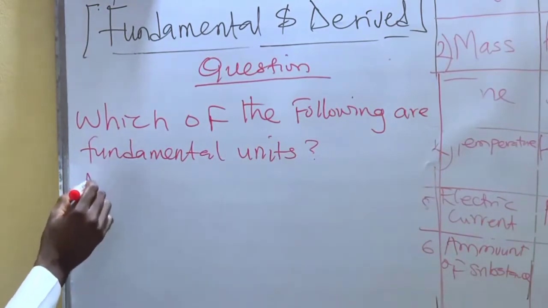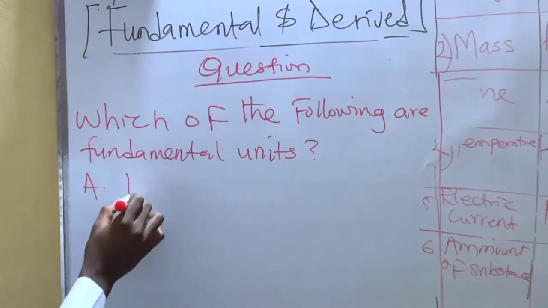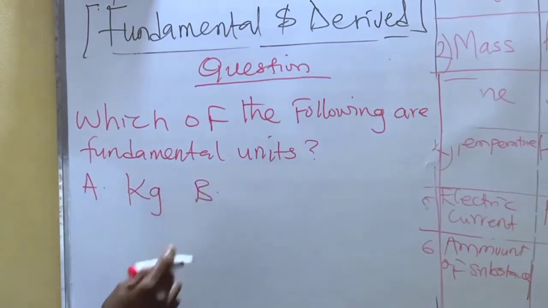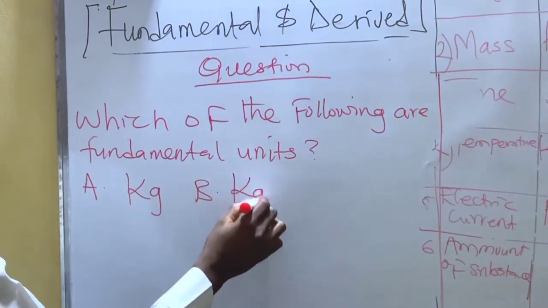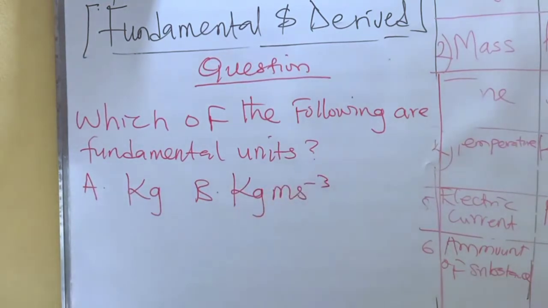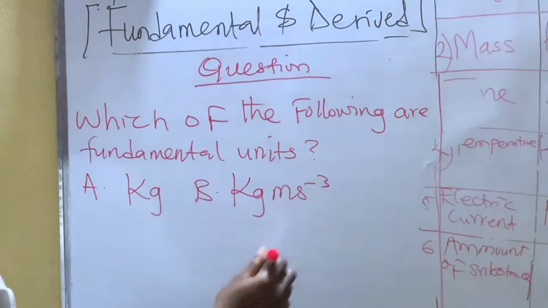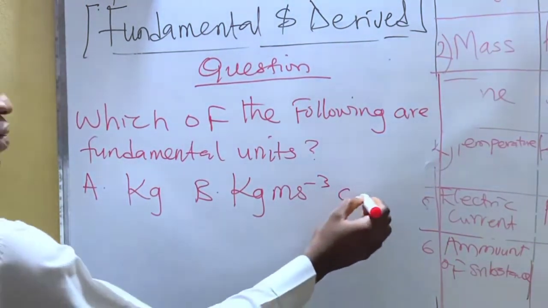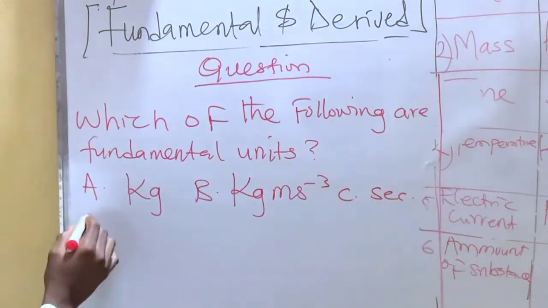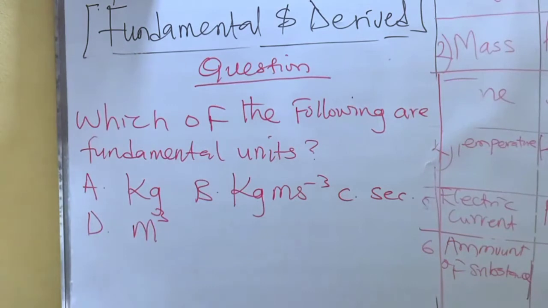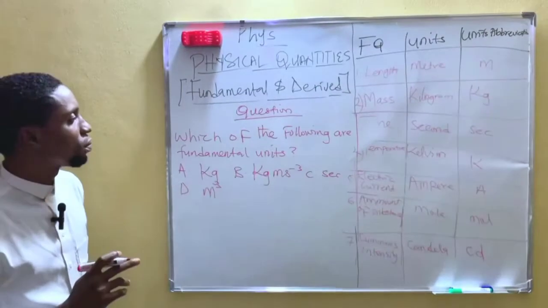Option A, kg. Option B, kilogram per meter cube. Option C, seconds. Option D, meter cube. Which of the following are fundamental units?